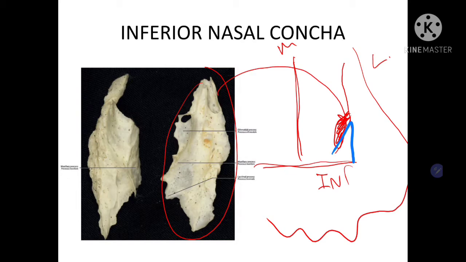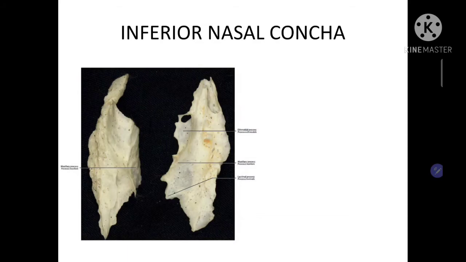We have 3 meatus: meatus inferior, meatus medial, and meatus superior. They are between the medial wall of the turbinate and the lateral wall of the ascending process. Between both of them we have the meatus.